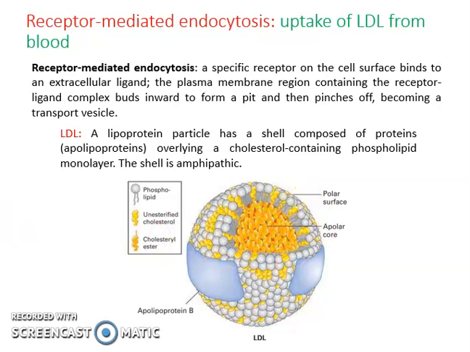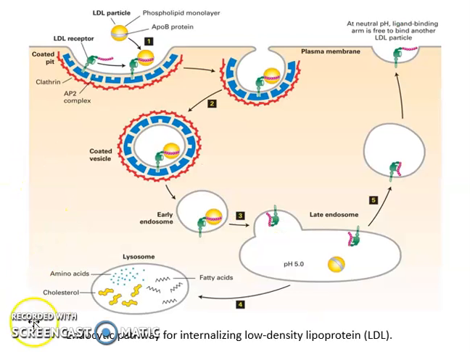Next, coming to the endocytic pathway for internalizing the LDL particle. There are a few steps, and I'm going to describe each step one by one. In the first step, the LDL particle is taken up by the receptor on the cell surface.